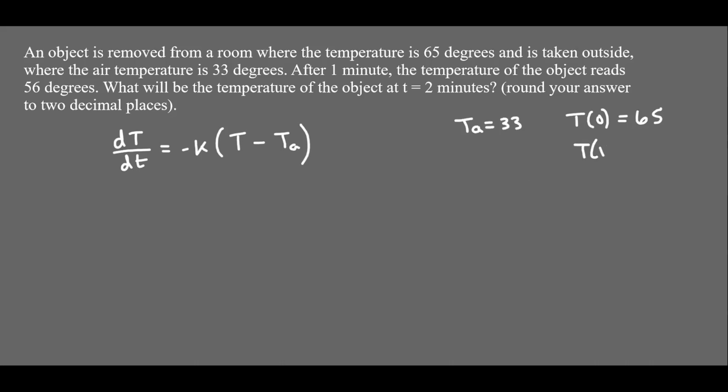After 1 minute, the temperature has dropped to 56 degrees. So the temperature of the object is going to move closer to the temperature of the surrounding air. All right, so let's plug in T sub A, and then we'll just solve it from there.